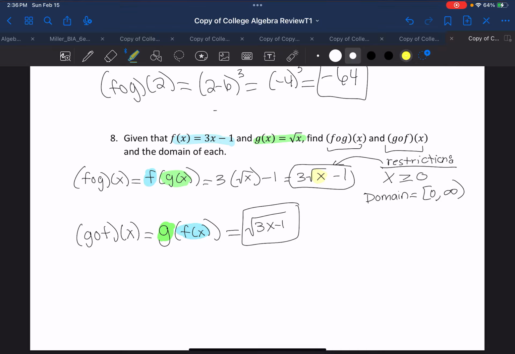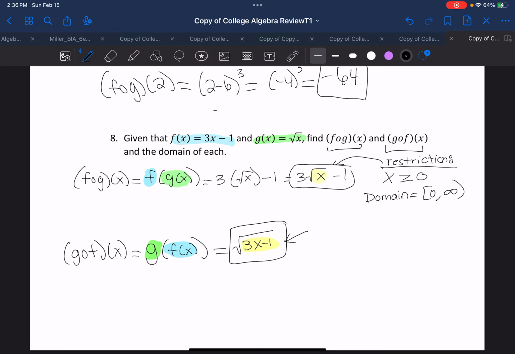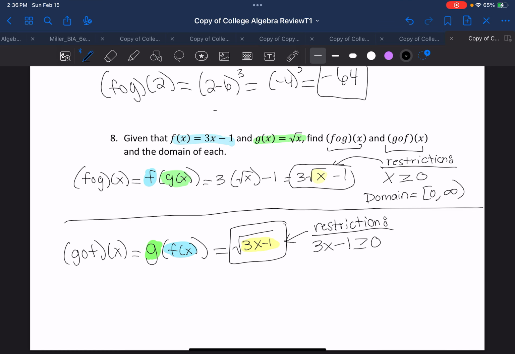And now to find the domain, I still have a restriction for this one because I have a square root. So the restriction is that entire expression underneath the square root, 3x minus 1, has to be greater than or equal to 0 because it can't be negative. So I need to solve this inequality.